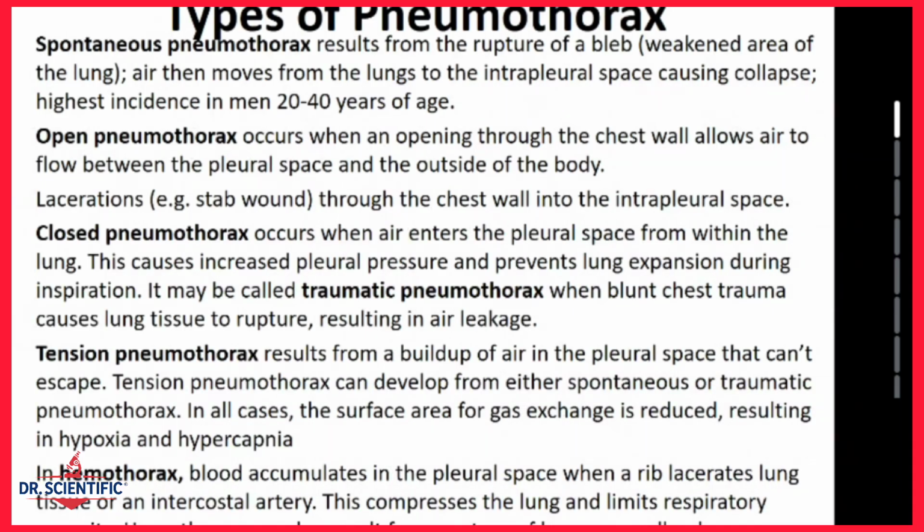Then we have closed pneumothorax, which occurs when air gets into the pleural space from within the lung, and that's going to increase pleural pressure and prevent lung expansion during inspiration.